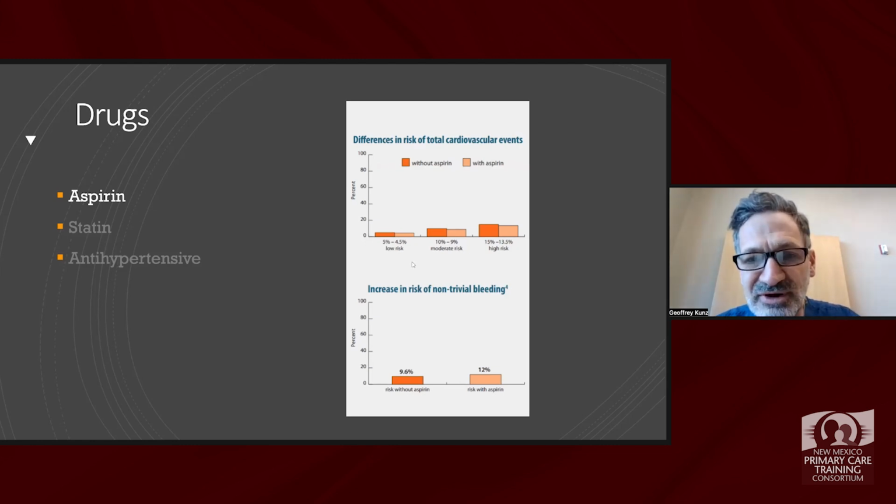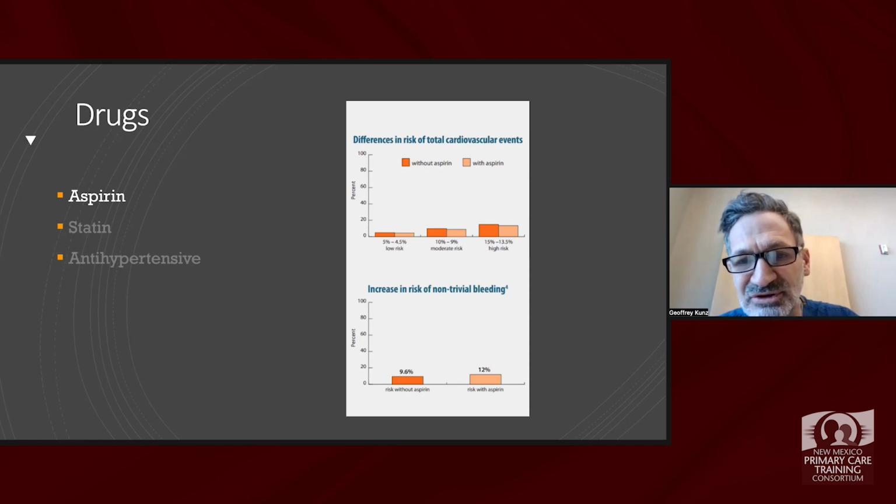So what you see in this graphic here is the risk categories for 10-year cardiovascular risk: low, moderate, and high risk patients. And this is their risk of cardiovascular events without aspirin and with aspirin. And you can see there's a slight little drop there, barely perceptible on the graph for low risk patients.